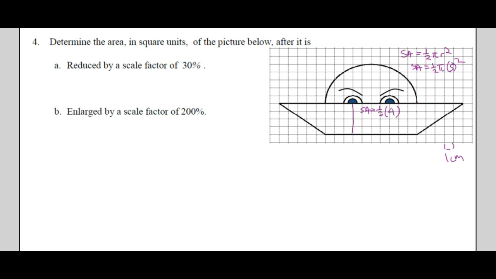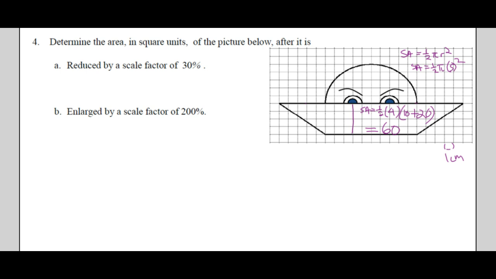Height is 4. And then we've got A plus B. 1, 2, 3, 4, 5, 6, 7, 8, 9, 10. And 11, 12, 13, 14, 15, 16, 17, 18, 19, 20. Okay, so every square is supposed to represent 1 centimeter. This surface area is 60. Okay, 10 plus 20 is 30, times 4 is 120, times 1/2 is 60, or 1/2 of 4 is 2, times 30 is 60.